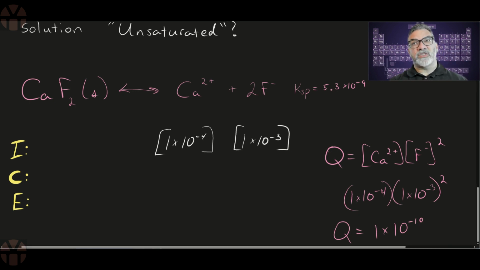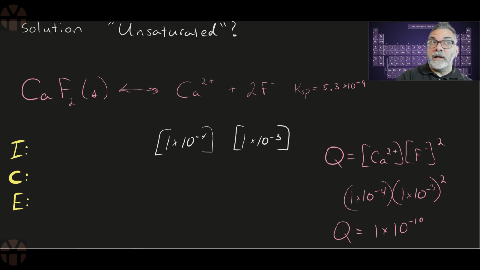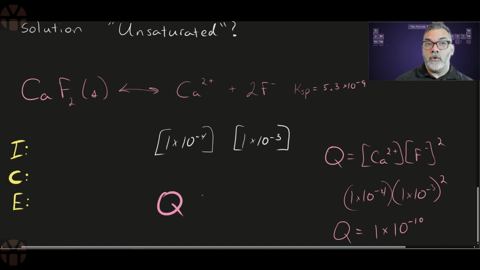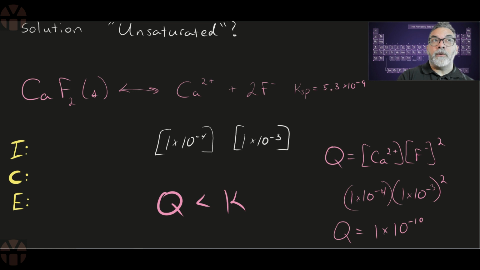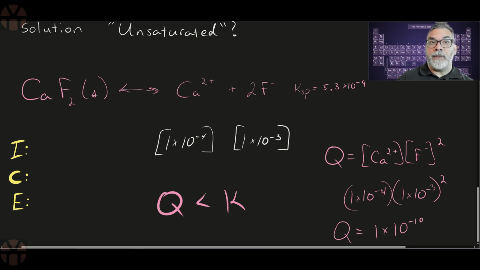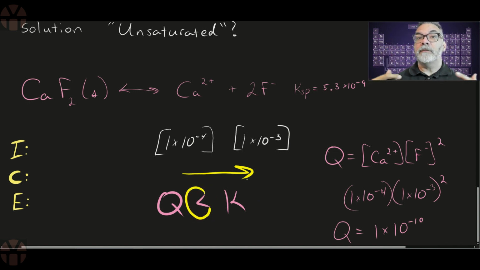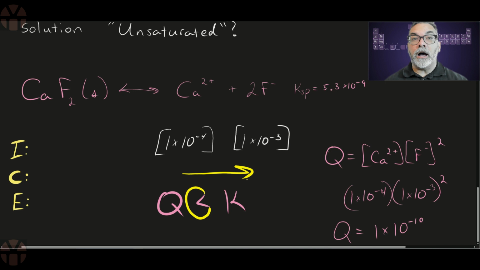Well, Q is a small value. But right now, at 10 to the negative 10th, Q is less than K, which means that my Pac-Man is chomping to the right. Or I can make more ions.